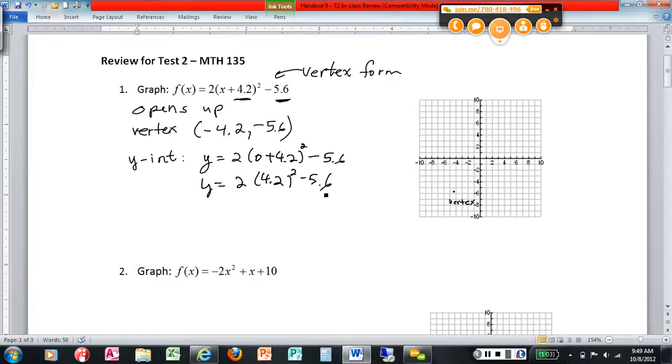And so if we multiply all that out, of course do the squaring first. 4.2 squared gives me 17.64. And then multiply by 2 and subtract 5.6. Here's what I get. 29.68.